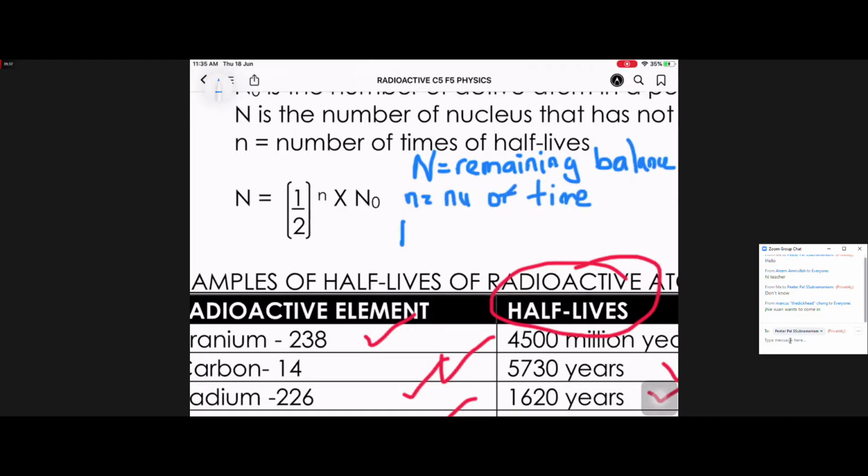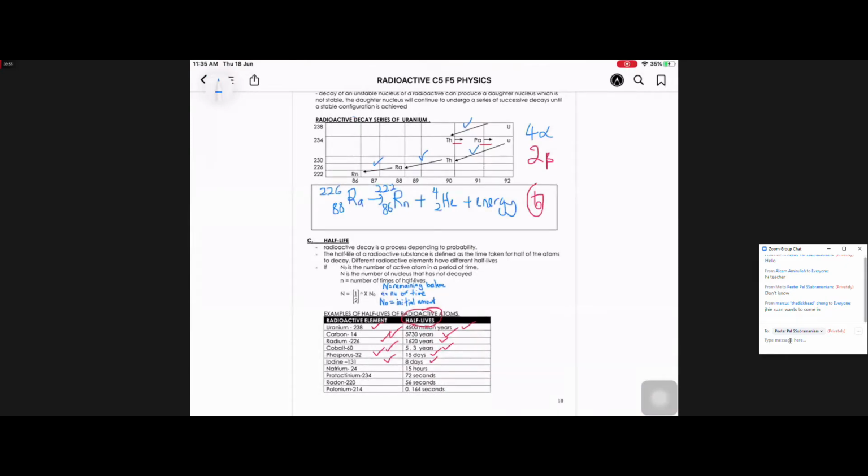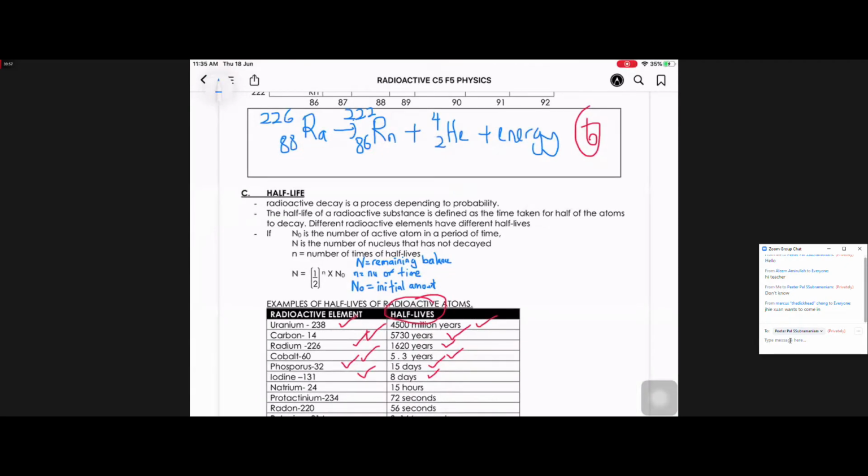The N0 stands for the initial amount. T half is the time of half-life. It can be any time given here.